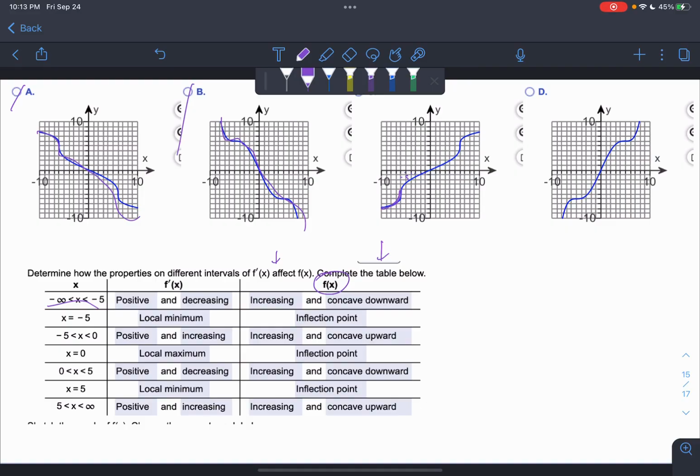So perhaps D is it. 1, 2, 3, 4, 5. Yeah, look at that. That looks concave down. So that checks out. Concave up from -5 to 0. Yeah, that looks concave up. And then concave down, again an upside down bowl, and then a right side up bowl. So D is going to be our answer for this one.